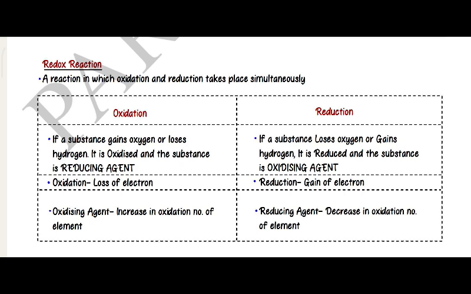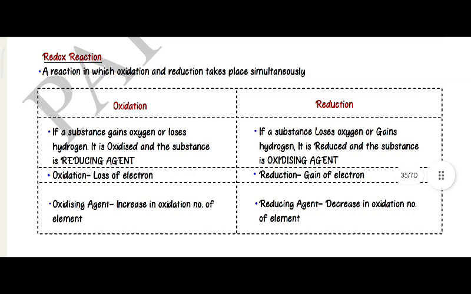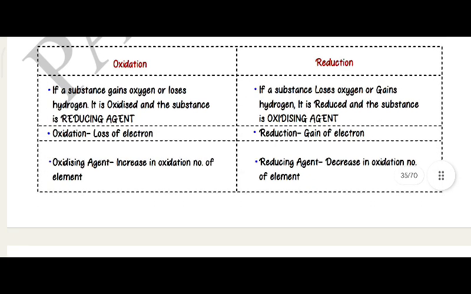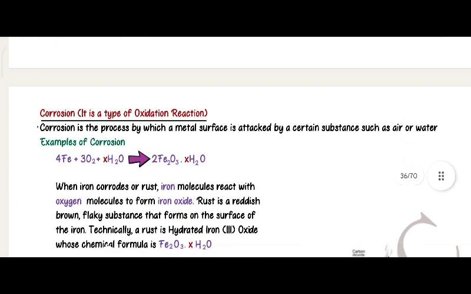Reduction: if a substance loses oxygen or gains hydrogen, it is reduced and the substance is the oxidizing agent. Reduction is gain of electrons, a decrease in oxidation number of the element.